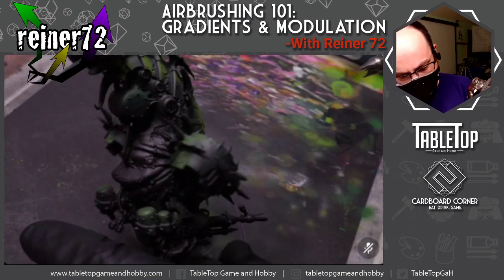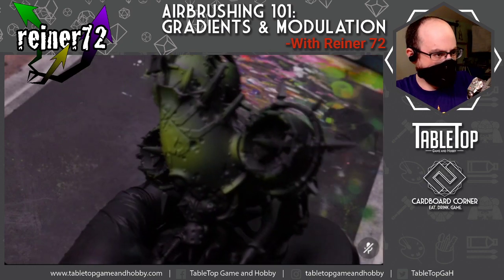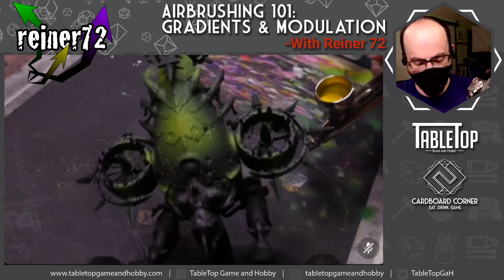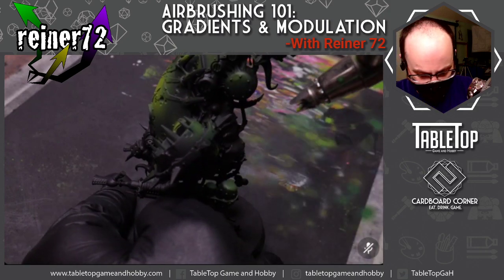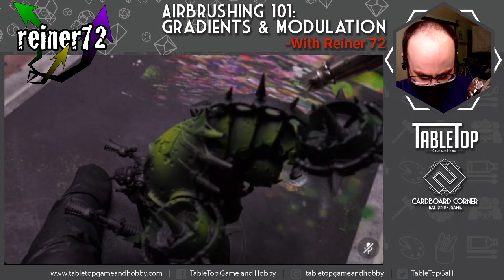Alright, the fun thing is we accidentally put in a little bit of shadow here behind one of these horns up on the ridge, but that actually works in our favor. Little inadvertent parts of the mini that help out.